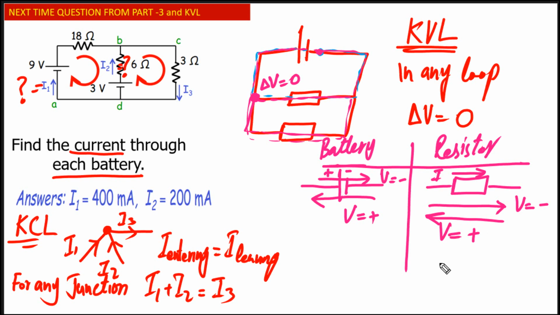We will follow these conventions and just stay with them. So you have to be quite clear. These are the key concepts. If these concepts are clear to you, this question is not difficult at all. We just need to follow these steps and solve it. So let's try to solve this now.